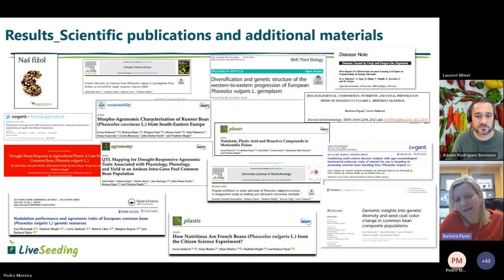A lot of data are generated through the breeding programs and the whole breeding process for legumes and common beans, and it's really nice that we learn how to combine different types of data and present them scientifically through different projects, which give us insight into basic knowledge.